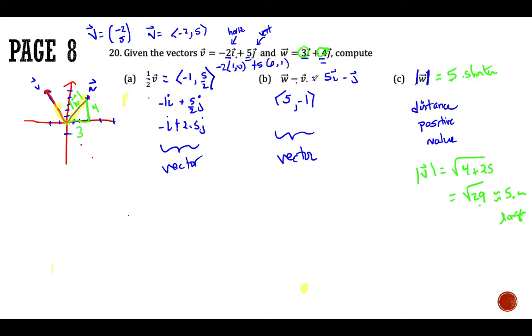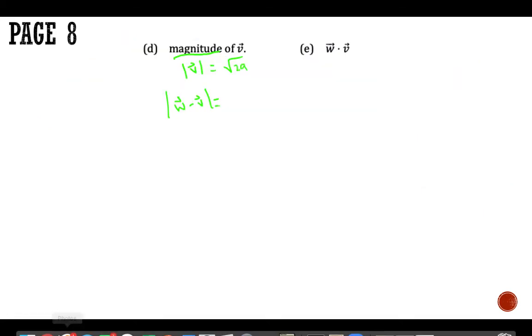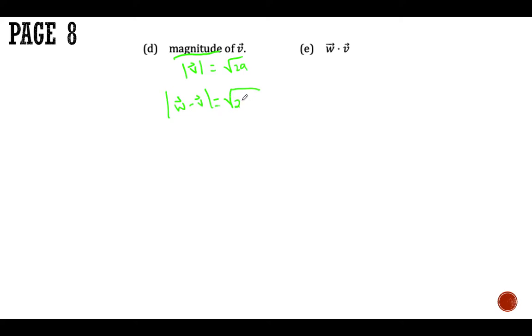W minus V is 5i minus j, so what is the magnitude of that vector? Five squared, which is 25, plus, excuse me, 1 squared, which is 1, square root of 26. Also bigger than 5, but in between, right?